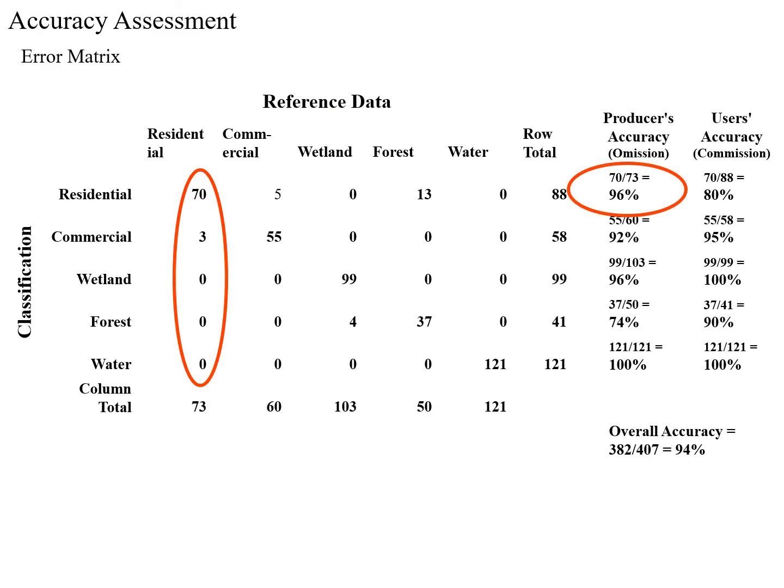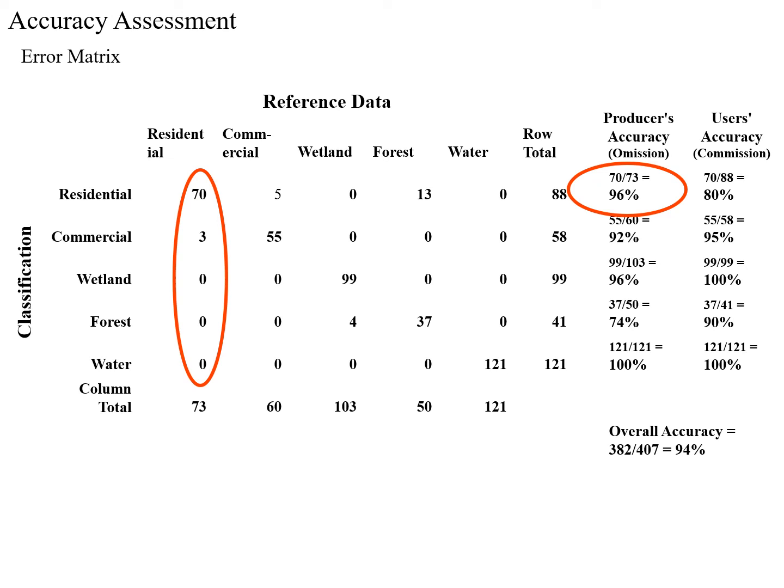Now let's calculate the producer's accuracy. Okay, so our reference data, which only the producer sees, for the residential class says we have 73 points that we observed in the field of the residential class. 70 of those points are classified as residential. 3 of those points are classified as commercial.